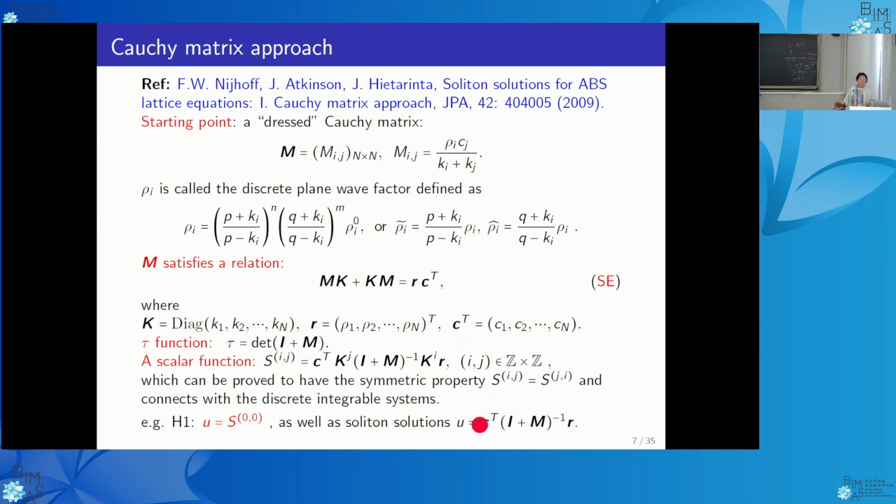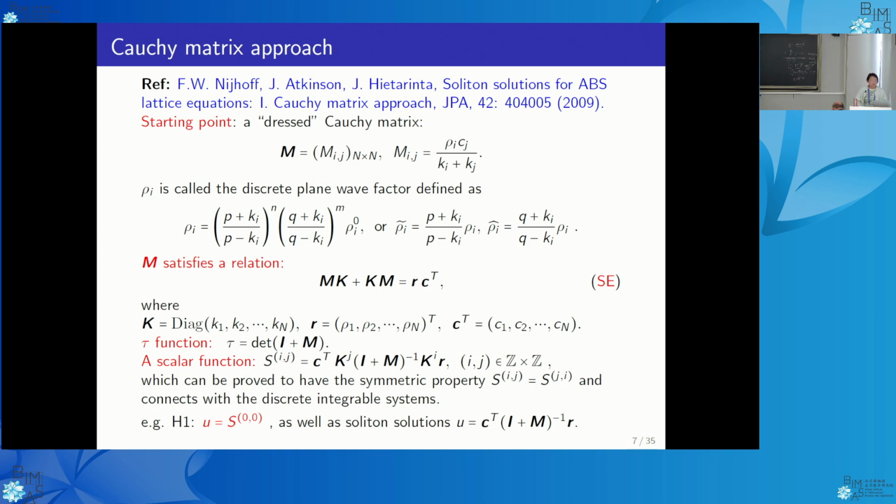So it is clear that C, by the way, is a constant vector. So C is constant, and we know M is expressed by this form, and R is expressed by this form. So we can write explicitly the solutions. In this case, they are soliton solutions.